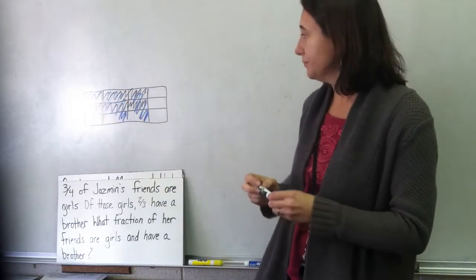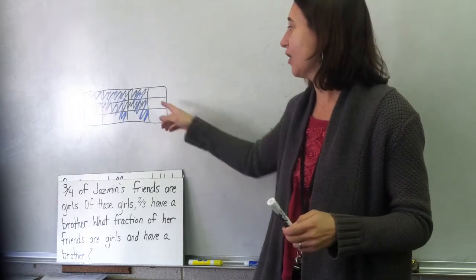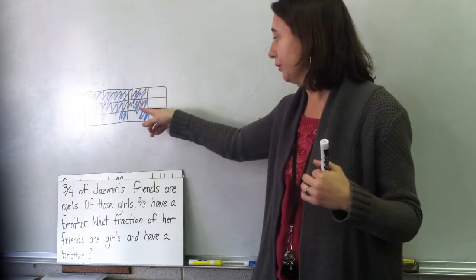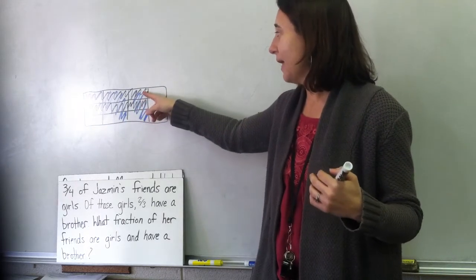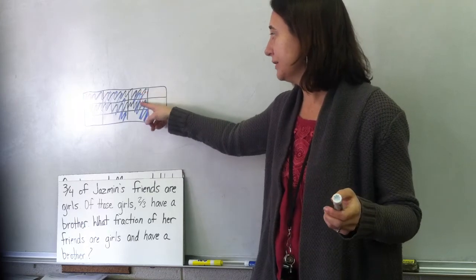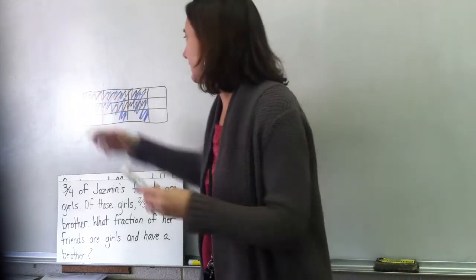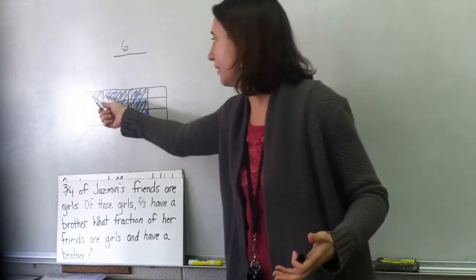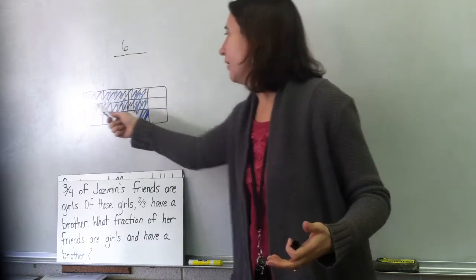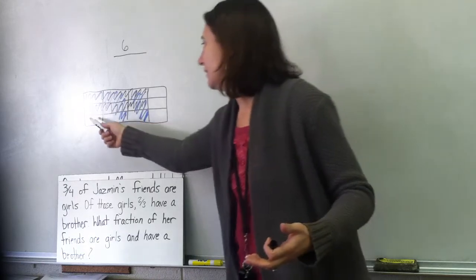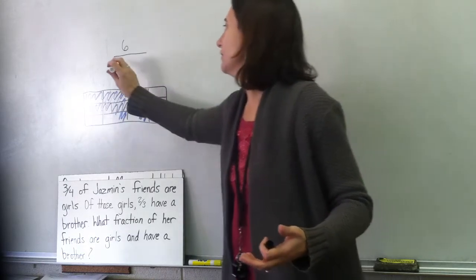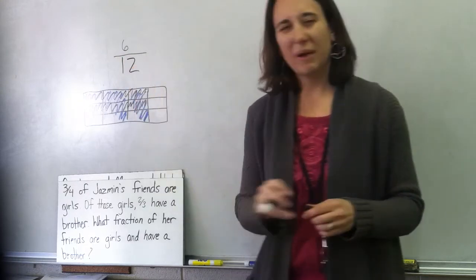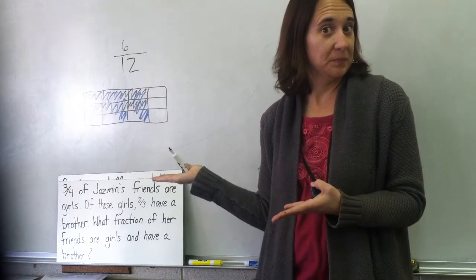Okay, so let's see, how many are colored in both blue for being girls and black for having brothers? 1, 2, 3, 4, 5, 6. So that's 6 out of how many altogether? 1, 2, 3, 4, 5, 6, 7, 8, 9, 10, 11, 12. So 6/12.